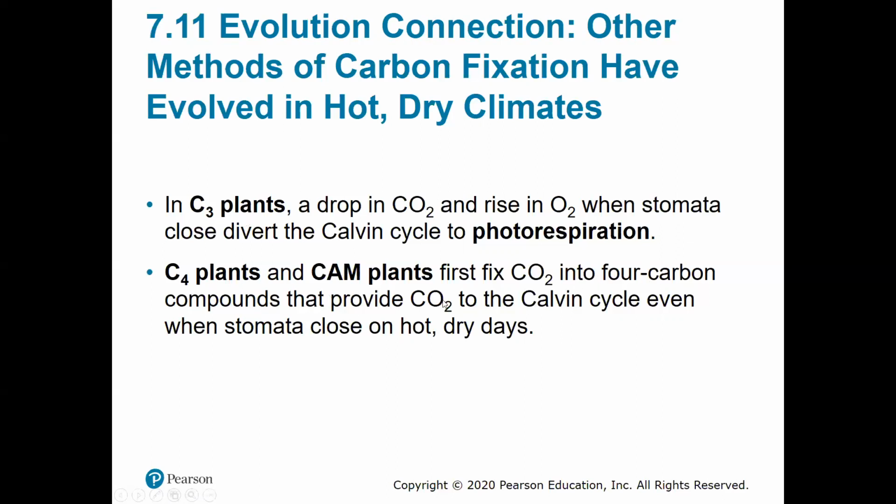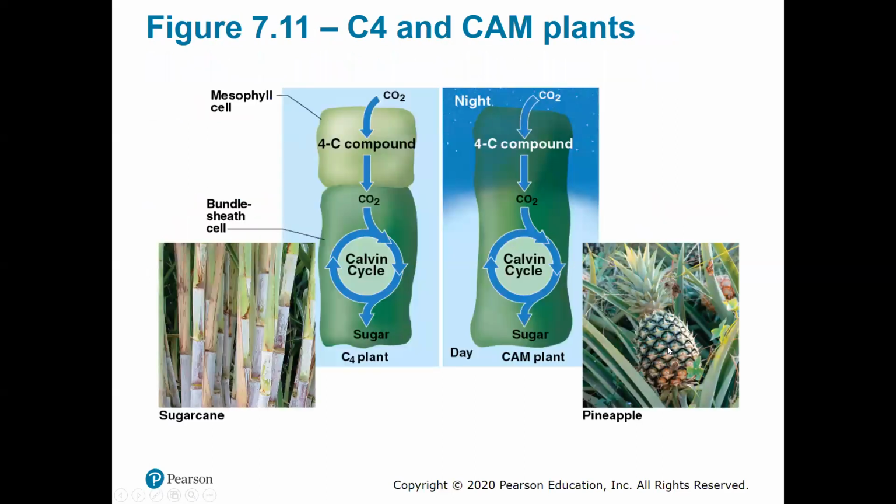And it is this different compound that will then save the carbon dioxide to be used in the Calvin cycle, even when the stomata are closed on hot, dry days. So basically, these plants in these different environments have learned to hold or save their carbon dioxide.